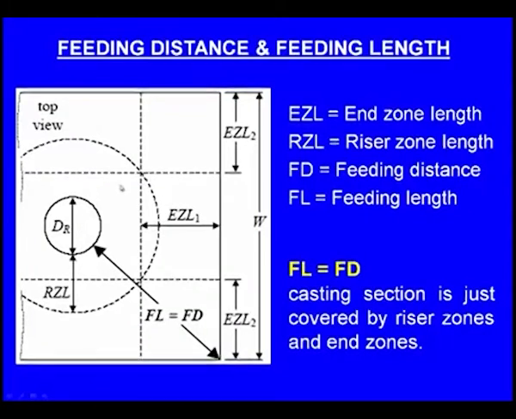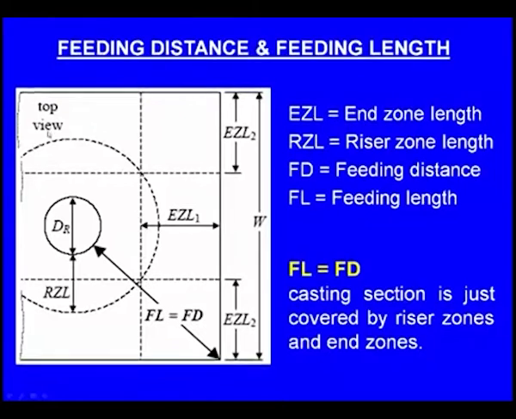Now outside this riser zone you can see EZL, that is end zone, starting from the end of the casting up to here. This dotted portion is the end zone, which means in this portion there is no shrinkage cavity because it is covered by the end effect, and this much is covered by the risering effect.